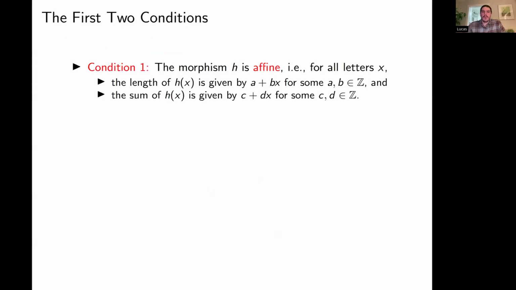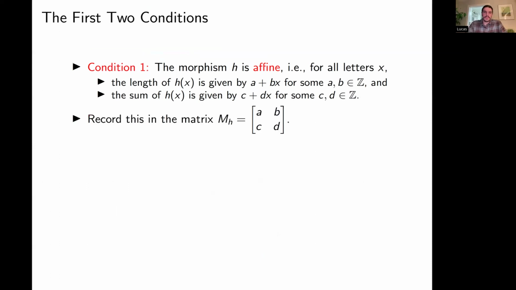And so the first two conditions that we need is that the morphism H is affine. So this is basically what I was describing before about beta and gamma. It's that the length and the sum of the image of each letter, they're just linear functions of the letters.